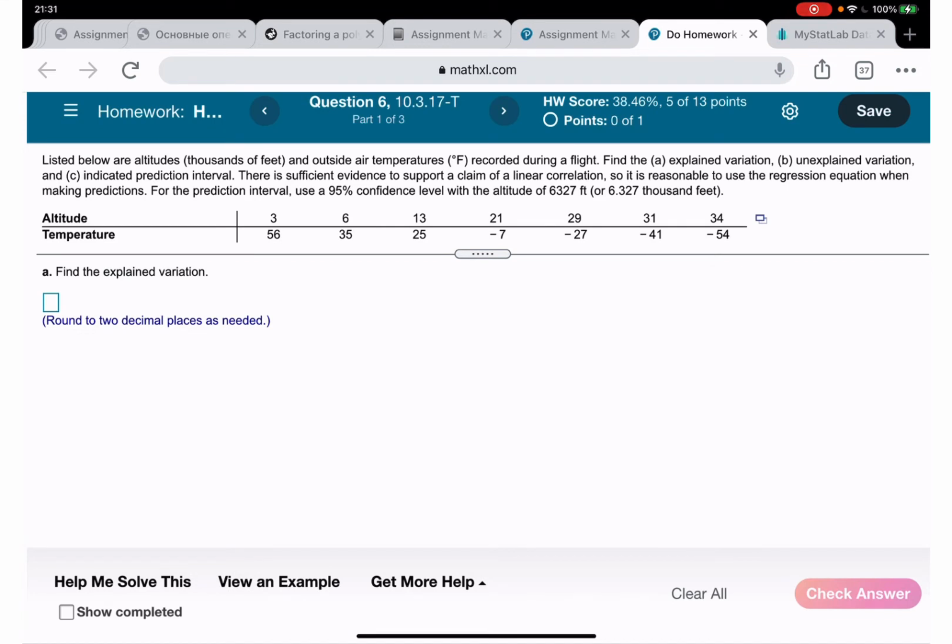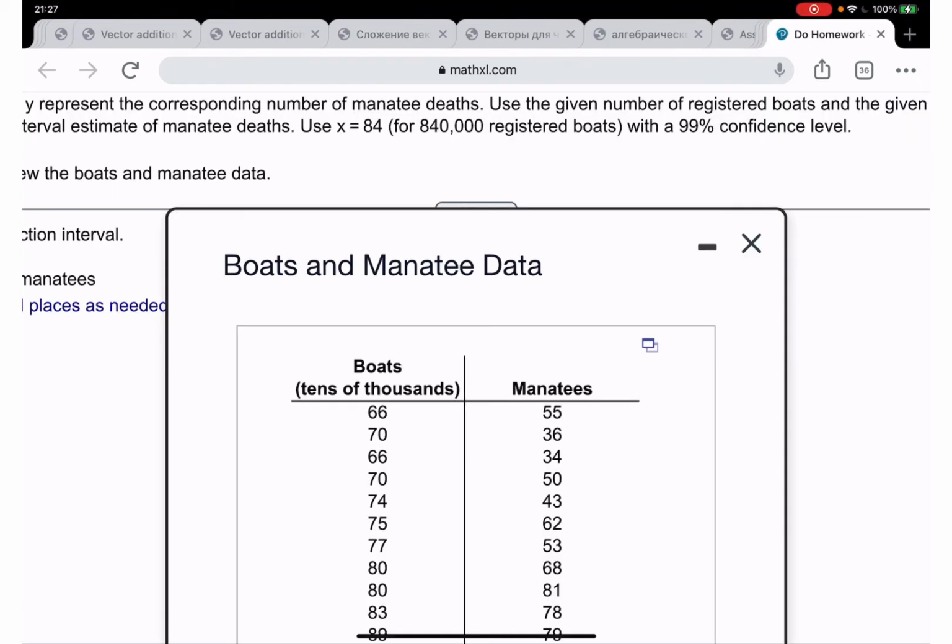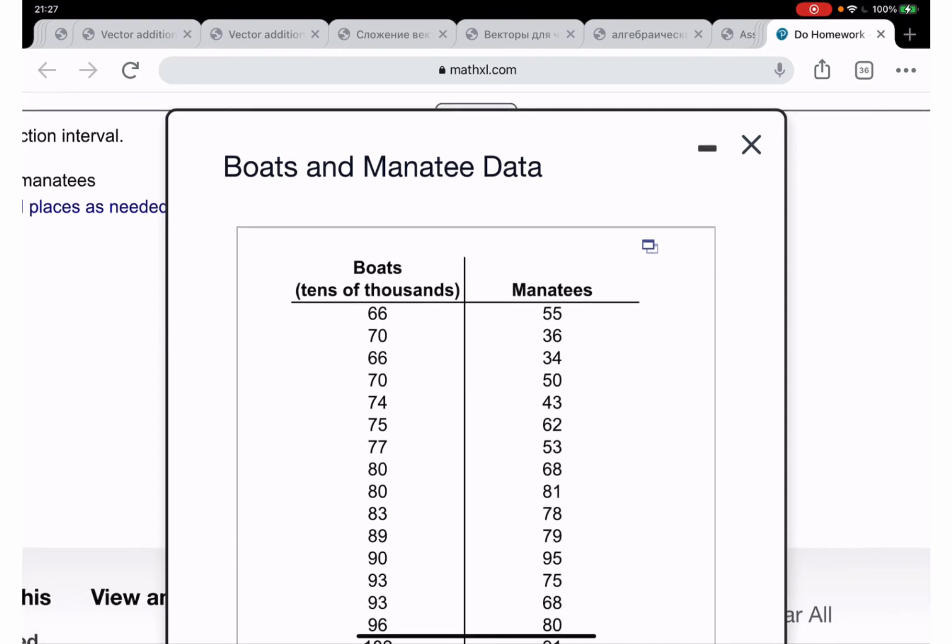Question number 6. We are going to find the explained variation in this case, so we choose StatCrunch.